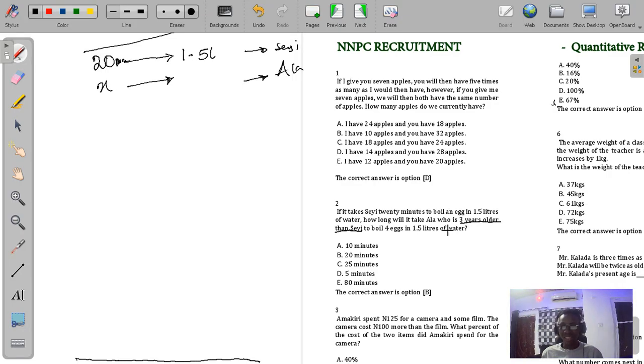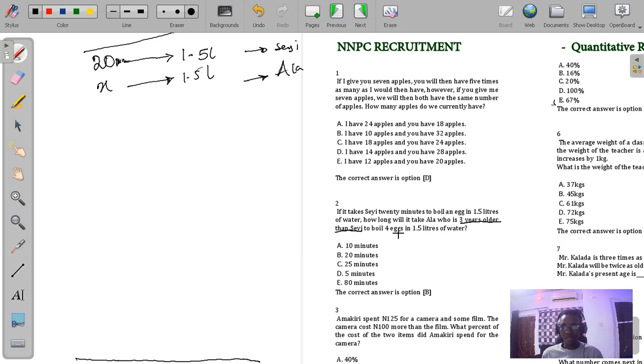How long will it take Allah, who is 3 years older than Shay, to boil 4 eggs in 1.5 liters of water? So they just want to use this statement, this 3 years older and this boil 4 eggs, to convince you. So you don't have to fall for that.